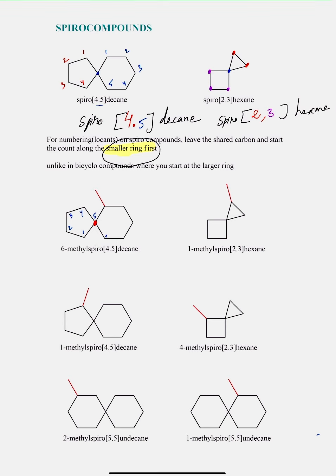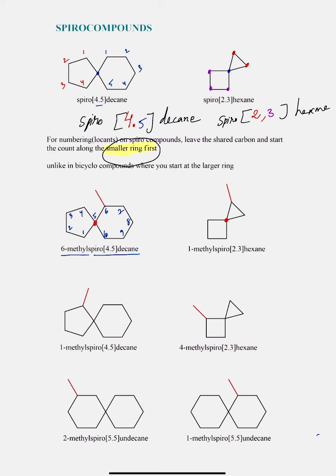Because the methyl group is attached at the top, I will go there and number it 6, 7, 8, 9, 10. This is how I number the compound. So the name is 6-methyl spiro[4.5]decane, because there are a total of 10 carbons present in the main structure, or the parent structure, of the compound.